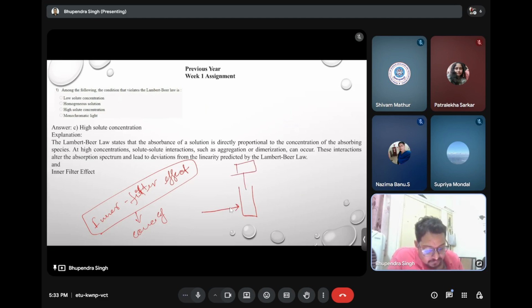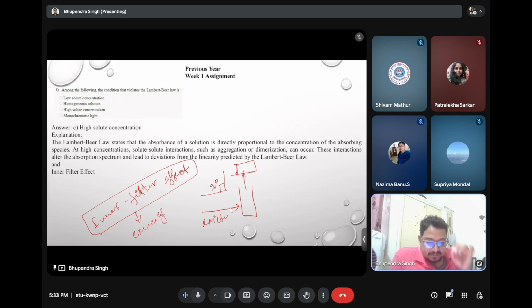The detector is here because in an emission instrument the detector is always placed at 90 degrees to the excitation wavelength. This is your excitation wavelength, and the emission is collected at 90 degrees only.